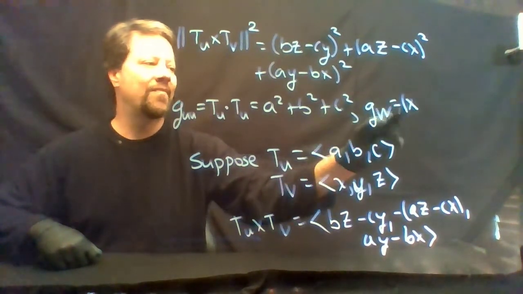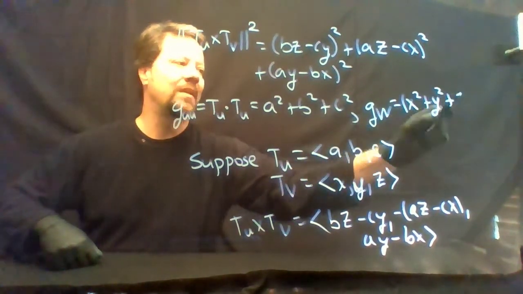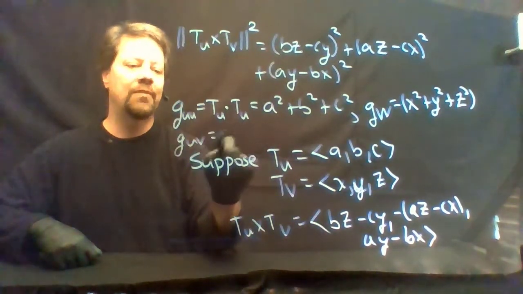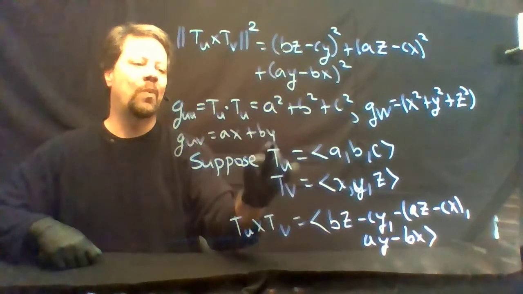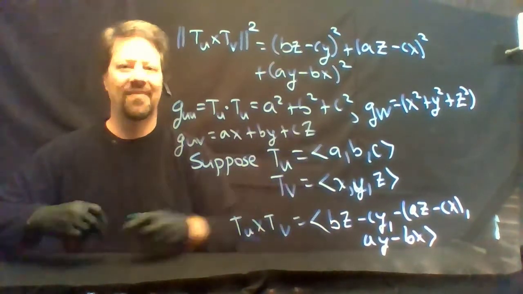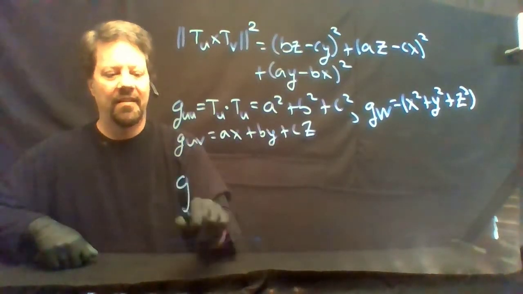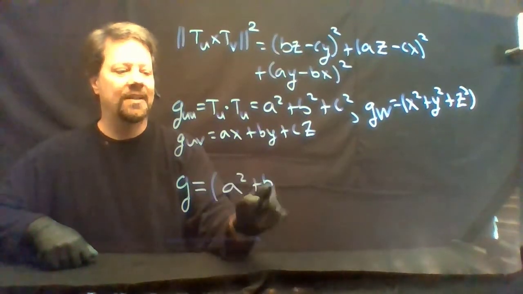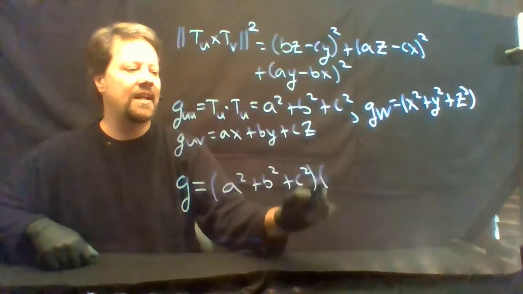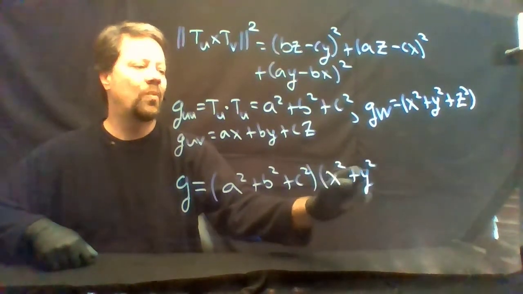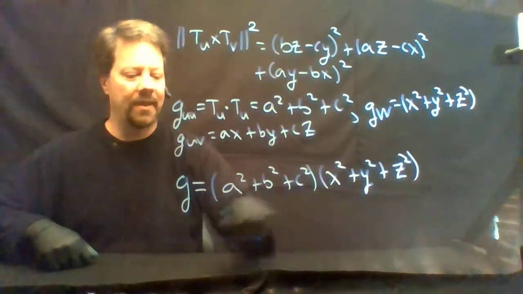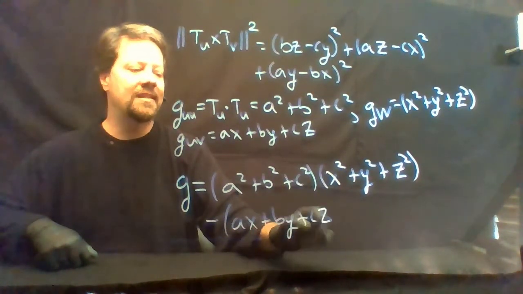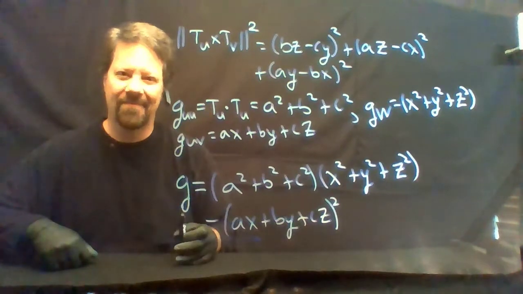GVV will be x squared plus y squared plus z squared. And then GUV will be ax plus by plus cz. The value of g then is going to be a squared plus b squared plus c squared times x squared plus y squared plus z squared minus ax plus by plus cz quantity squared.